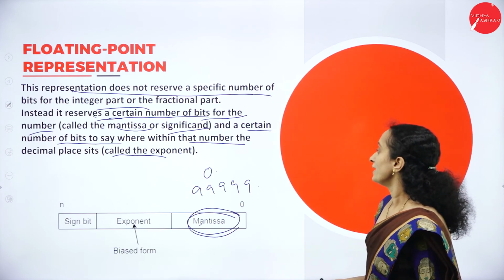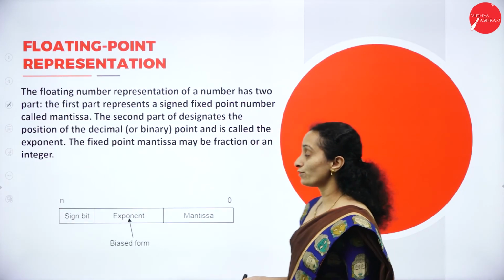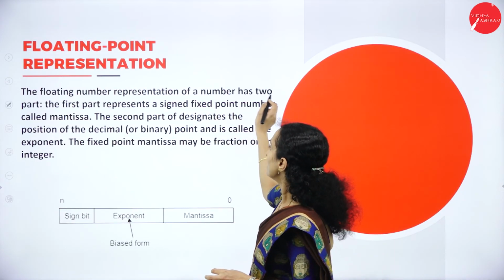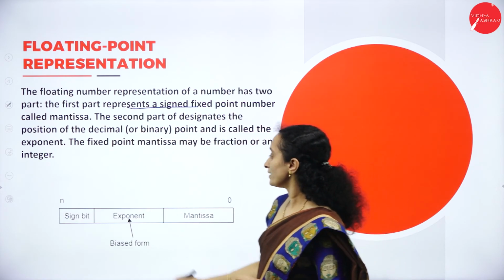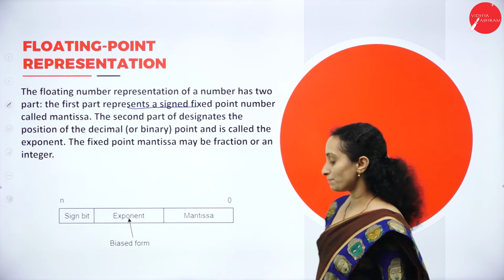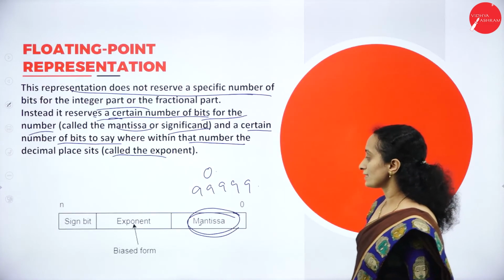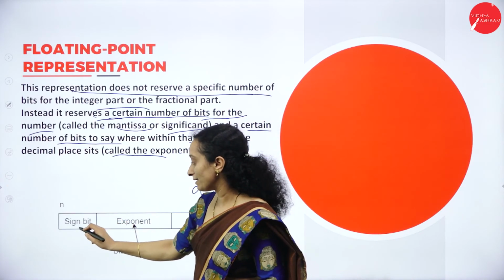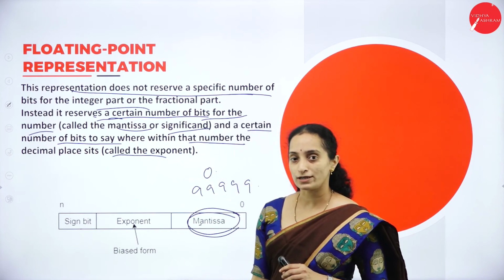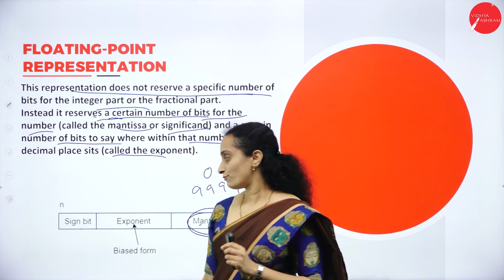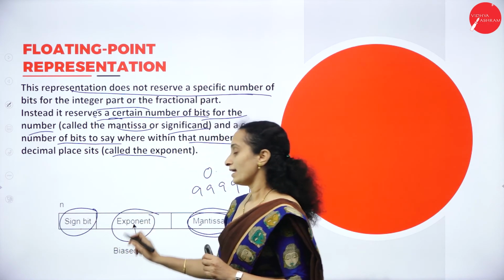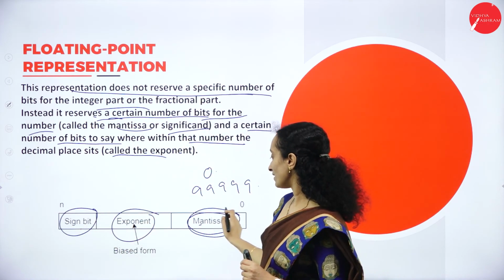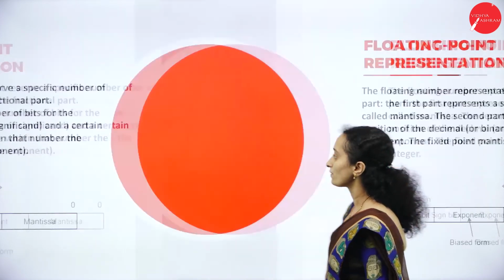Okay. Then in the floating point representation, there will be parts. In this example representation we have the sign bit. Usually floating point will reserve a bit for the sign bit, an exponent as well as a mantissa. Okay.